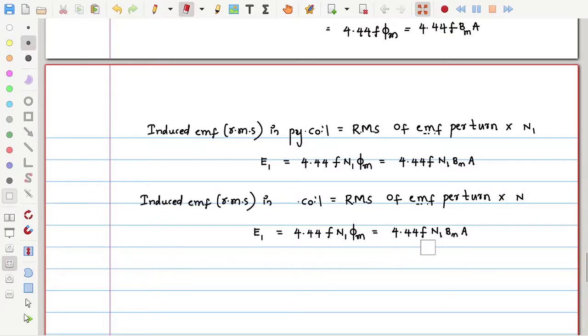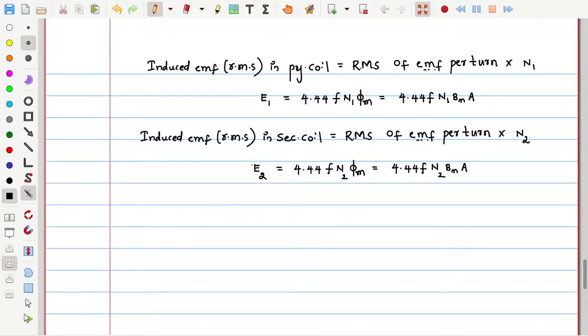Here and here it becomes E2. The secondary coil is the RMS value of EMF per turn into the number of turns in the secondary coil, N2. So the induced EMF E2 is equal to 4.44 f N2 phi m or 4.44 f N2 Bm into A, whichever quantity is given. And from this we can simply take the ratio of the induced EMFs, E1 by E2. All quantities are the same, which gives N1 by N2.